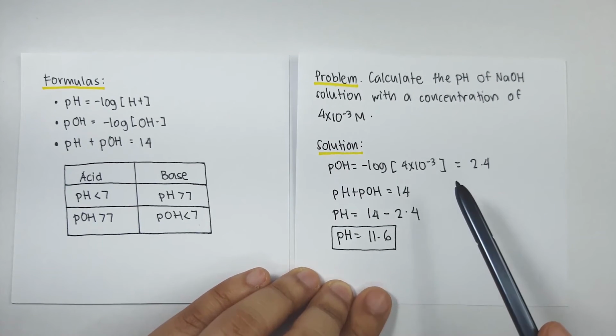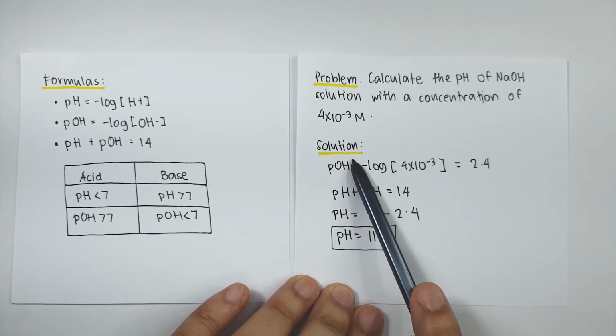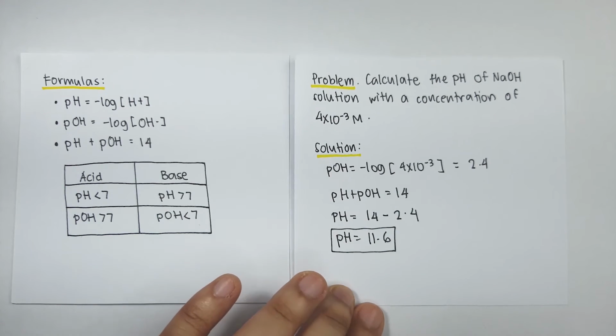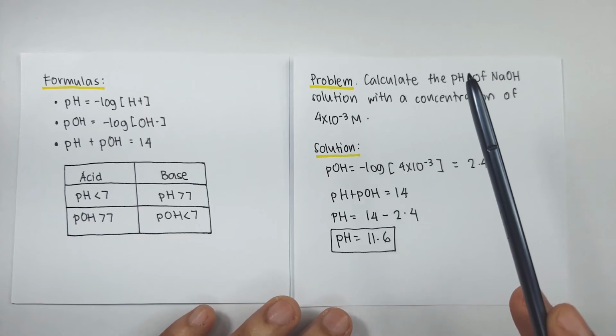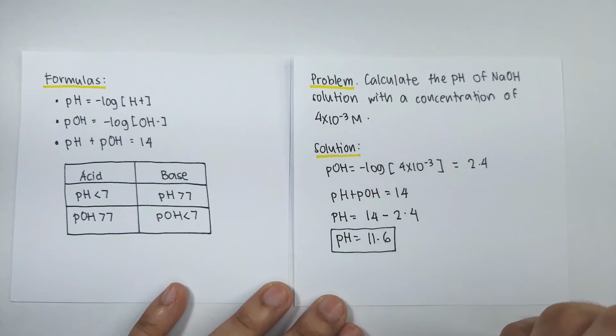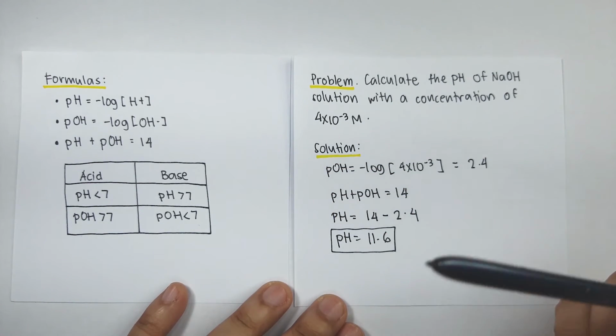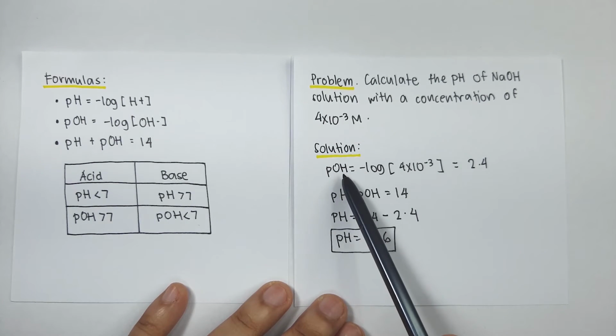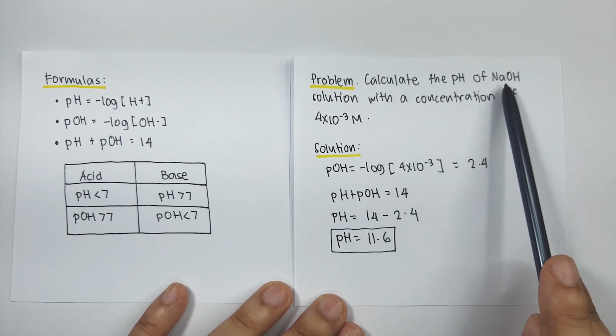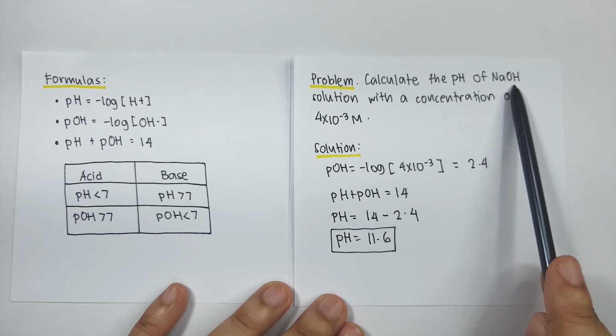Ma'am, bakit pOH yung gamit mo? Na pH value yung required sa problem. So take note, yung pH and pOH na formulas ay same lang. So kahit na pH value yung tanong, yung unang makukuha mo na value ay ang pOH kasi yung given ay NaOH, base.